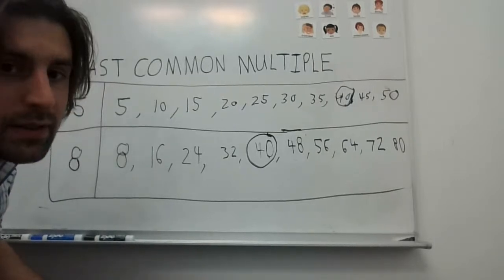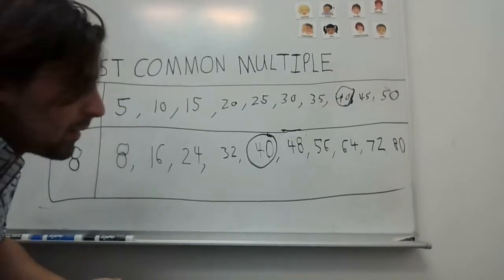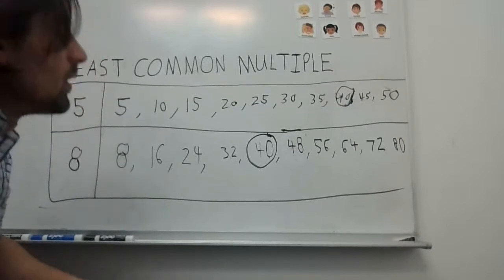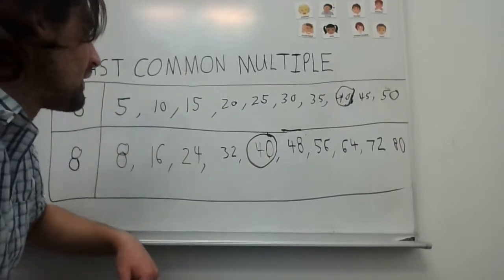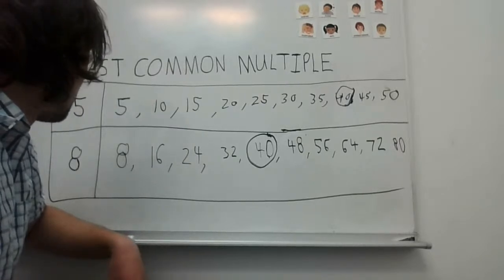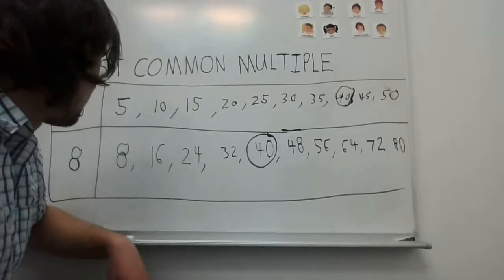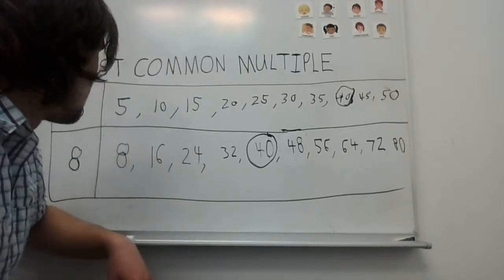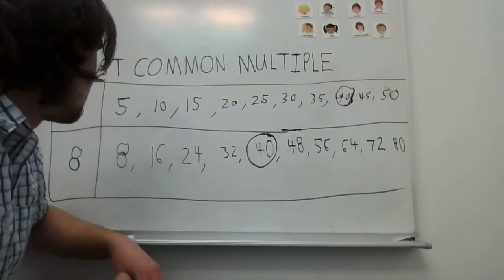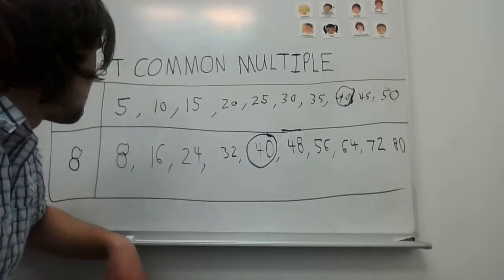Now, if I kept skip counting by 8 and skip counting by 5, 40 would not be the only multiple that 5 and 8 have in common. If I kept going, you would be able to see that 80 is a common multiple between 5 and 8.